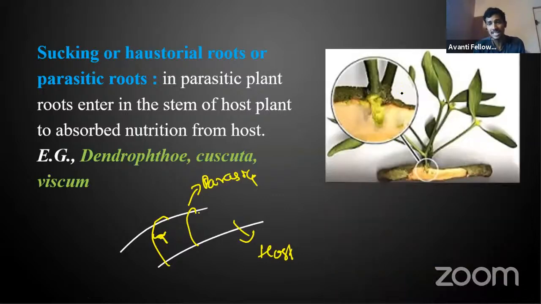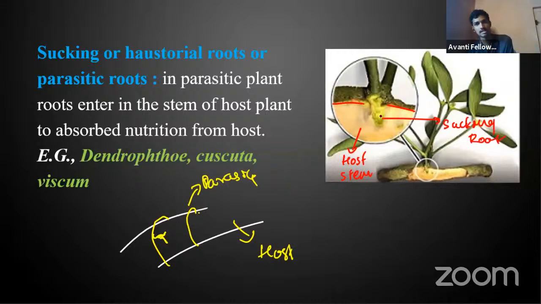As you can observe here, mistletoe. The mistletoe plant is here. This is the host plant stem. Here you can find the sucking root. Don't ask why it's green, because some color change has happened. So this is the sucking root. It has penetrated deep in there. Why should it penetrate, or up to where should it penetrate?